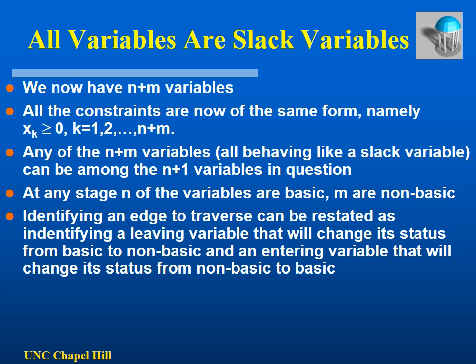At any stage of the process, when we're at any vertex, the beginning vertex or the end vertex, there are n basic variables, all of which have the value 0, and there are m non-basic variables, all of which satisfy the constraint but are not constraint extreme.